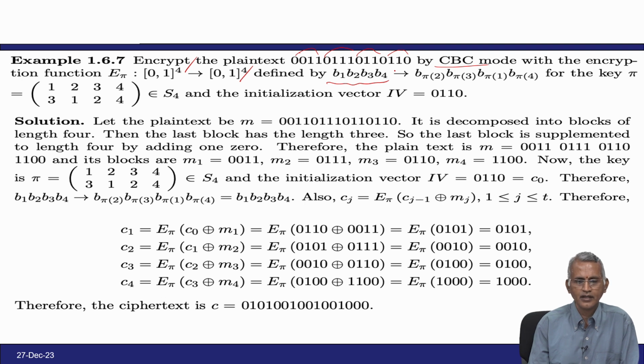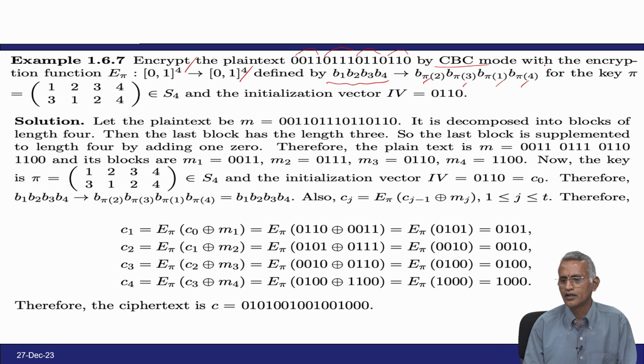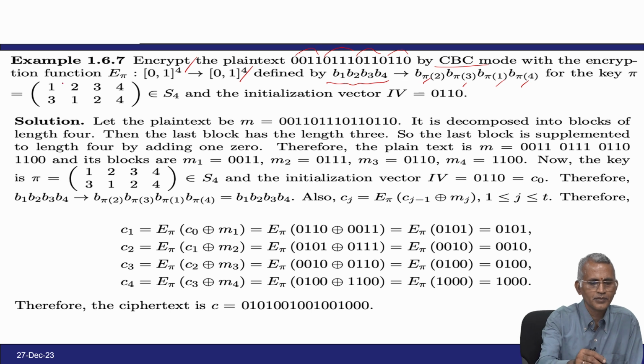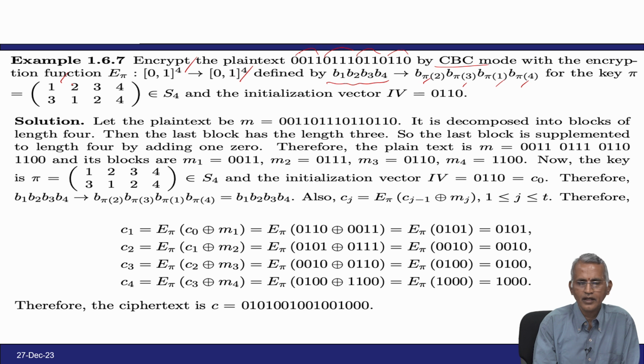It is nothing but 1 maps to 2, 2 maps to 3, 3 maps to 1 and 1 maps to 4. For the key, 1 maps to 3, 2 maps to 1, 3 maps to 2, and 4 is identity. So, like that they defined the code.